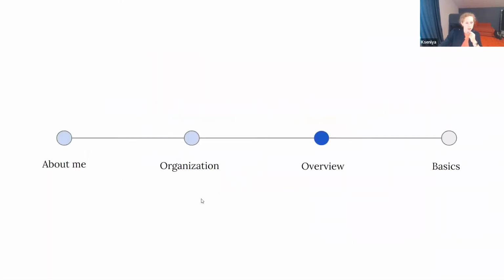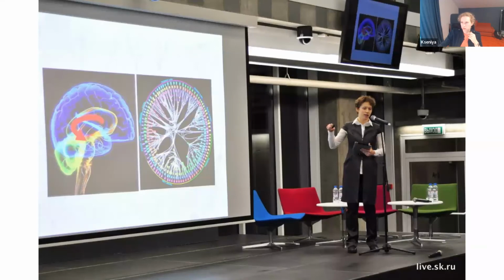Okay, so now some overview of neuroscience. In 2012, when I started to study the brain, there was a new wave of enthusiasm around the world for the brain and for artificial intelligence.